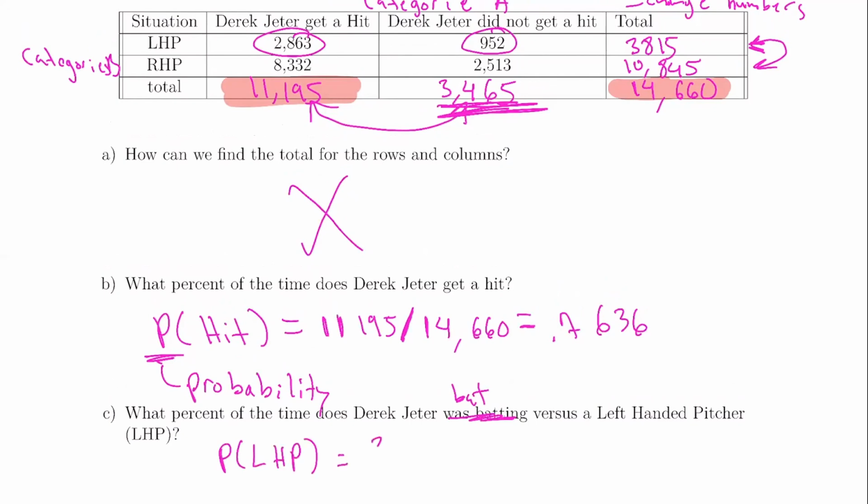Yeah, so 3,815. And you want to just divide that by the total, which was 14,660. So you go 3,815 divided by 14,660. So you get 0.2602.